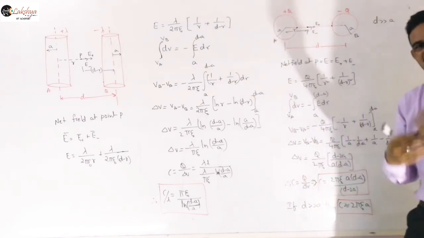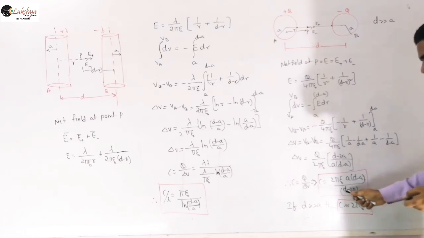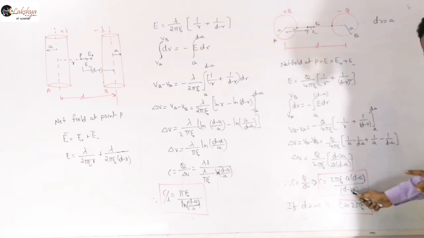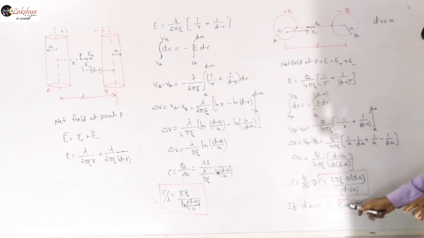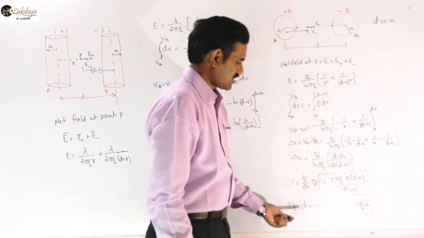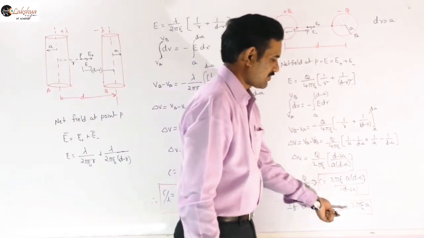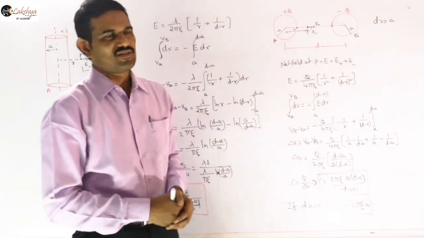If d is very large, then a is very small compared to d, so you can neglect the a and the 2a, and d and d cancel. So you get 2 pi epsilon naught a. That is the capacitance when d is very large: C is approximately equal to 2 pi epsilon naught a.